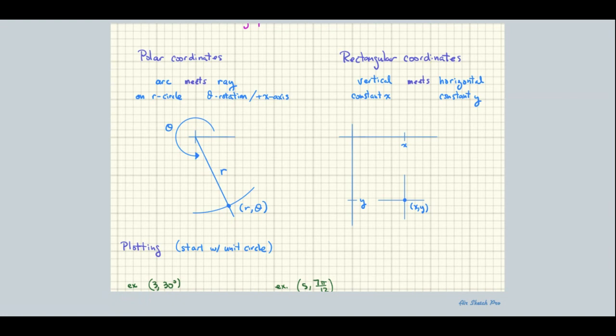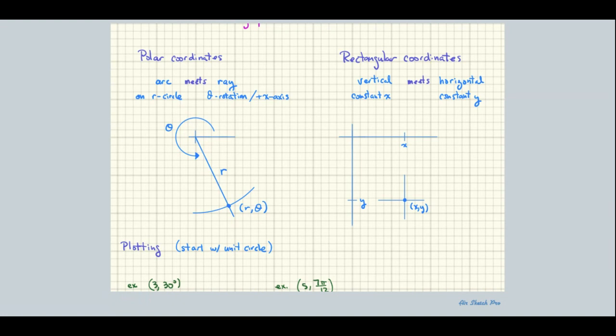But when I let r be just a function value, we recognize r can have negative values. That's kind of like facing one direction and walking backwards. If I'm looking in this direction and I walk backwards 1, 2, 3, 4, 5, that would be negative r with theta plus pi.